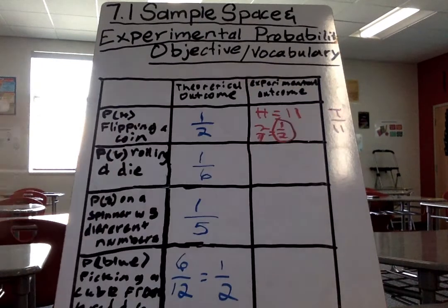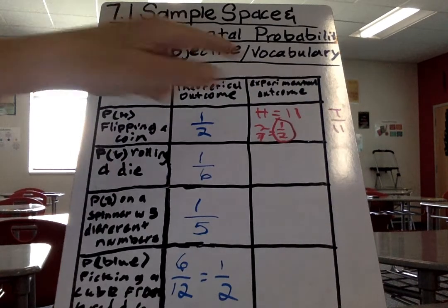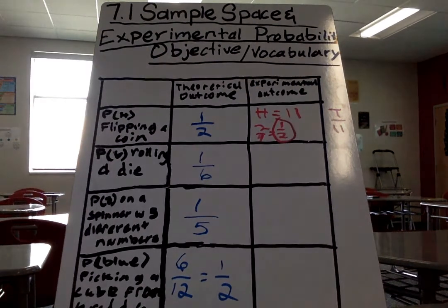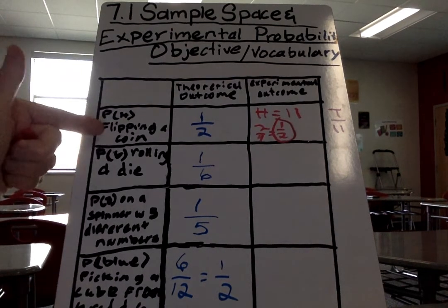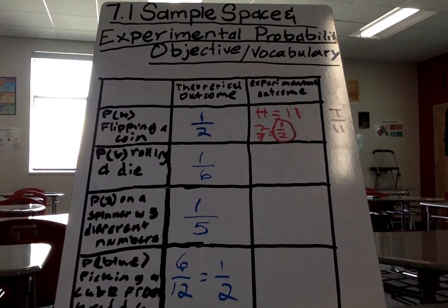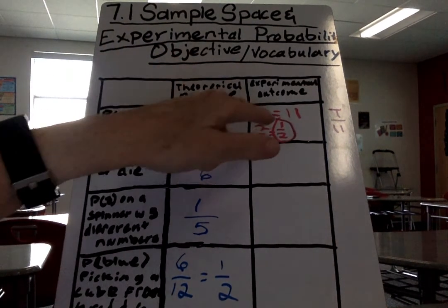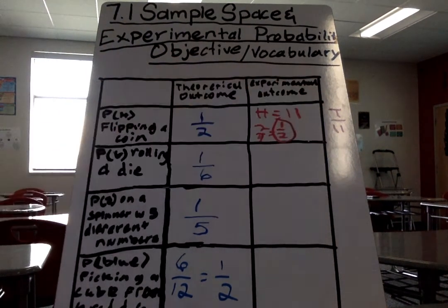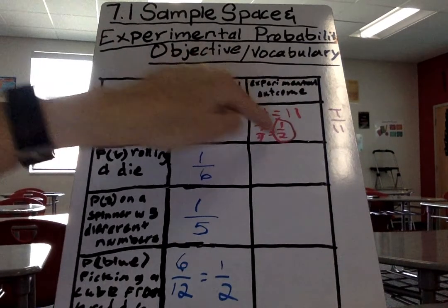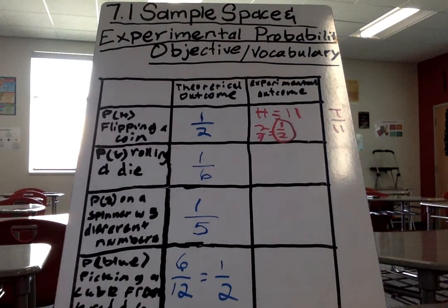Now, this won't always be that, because sometimes experimental outcome is different than your theoretical outcome. Like I could have gotten 1 head and 3 tails. I could have gotten 3 heads and 1 tail, so this will not always match this one here. Okay, and I don't think we're going to fill out the rest of that. We're just going to go ahead and move on.